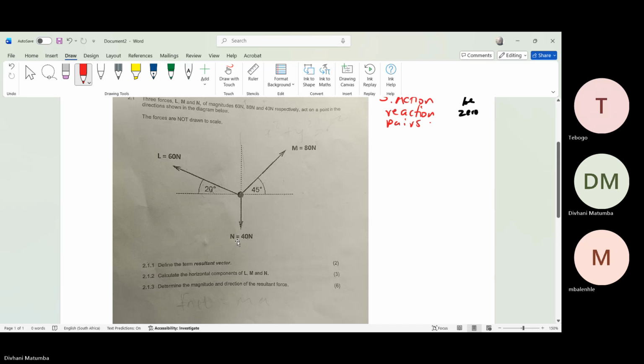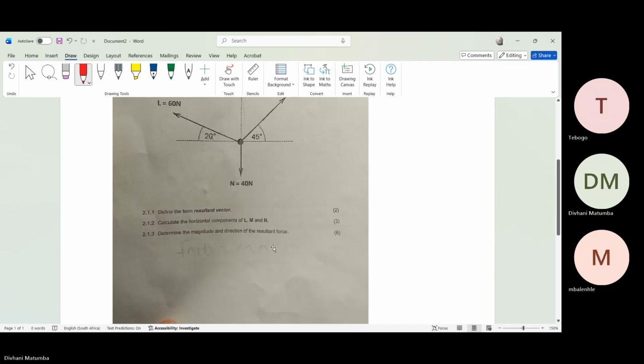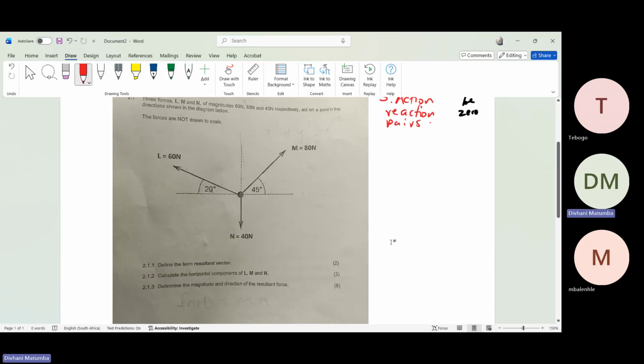The sum of two or more vectors. Okay, that's fine. It's a single vector that represents the sum of vectors.